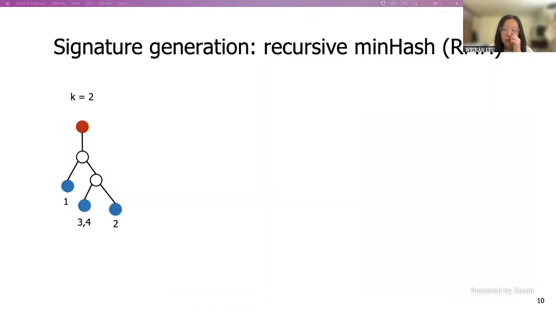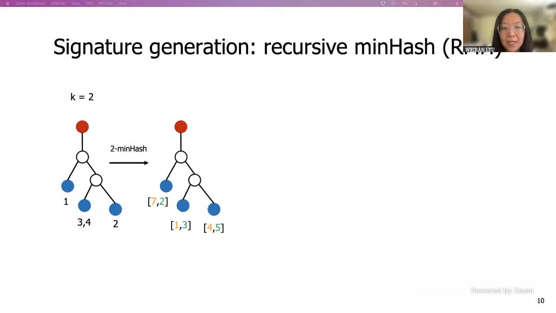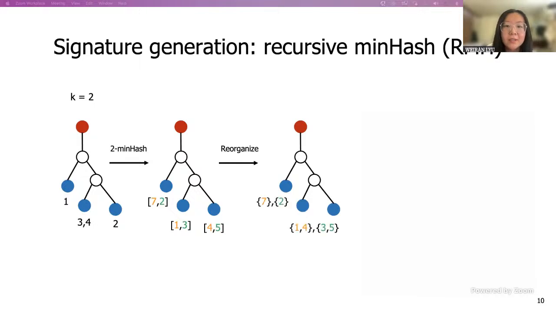So a recursive min hash from a merge tree uses k-min hash repeatedly, following a bottom-up approach to compare the hierarchical data. We illustrate our method using an example of 2-min hash. First we apply 2-min hash to each leaf node to get our hash vector. The same color reflects hash values coming from the same hash function. Then we reorganize the hash vectors that share the lowest common ancestor into two sets by taking the ith term from each 2-min hash vector into the ith set.